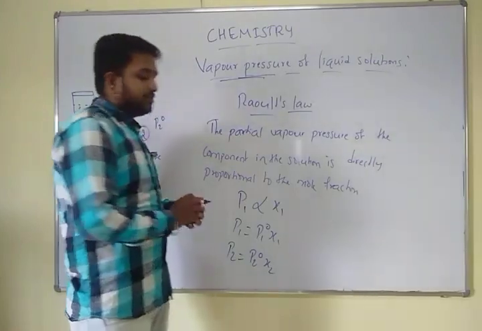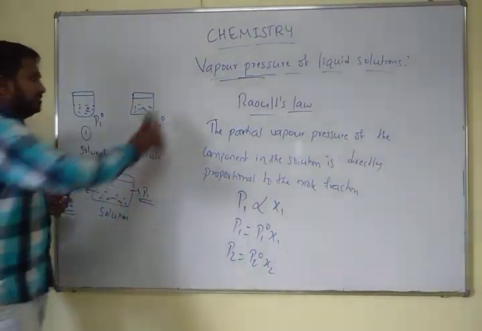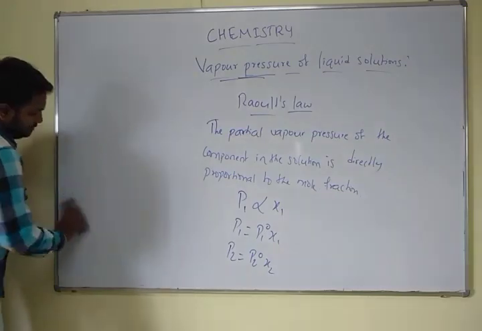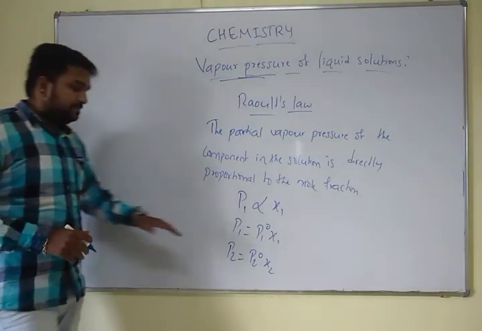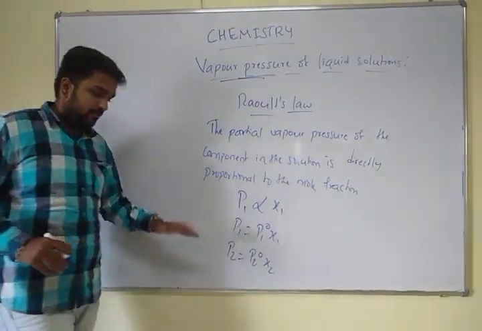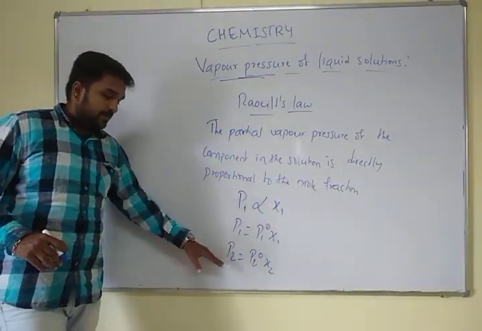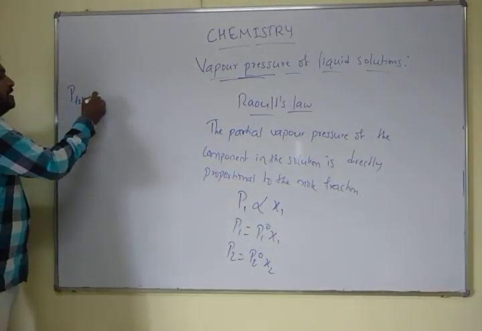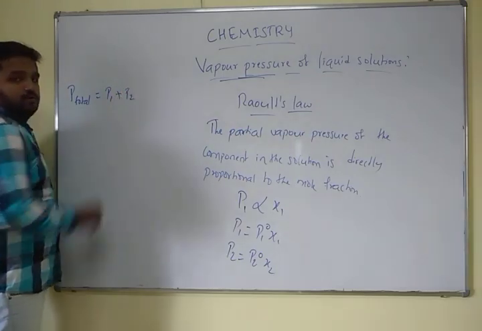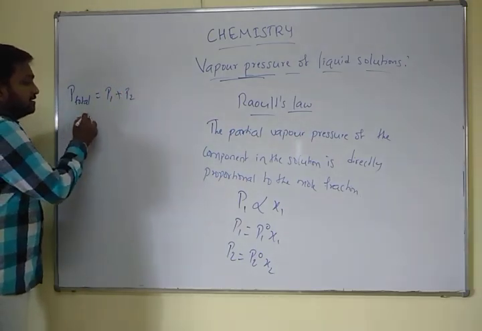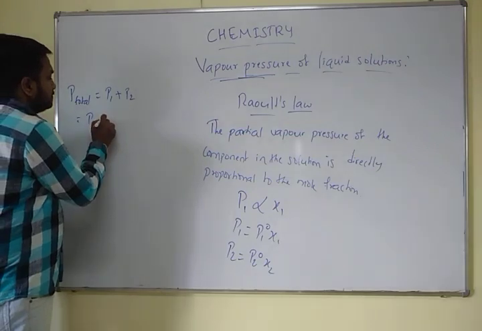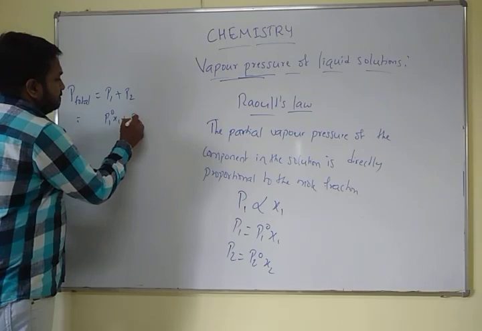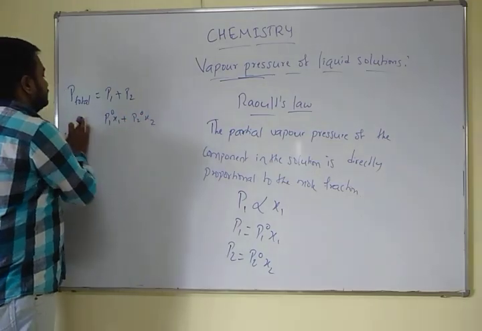So on combination of these two, don't get confused guys, P1 is for the vapor pressure of the component 1 and P2 is for the partial vapor pressure of the component 2. So in order to get the total vapor pressure, it is P1 plus P2. Clear? Whereas P1 is P1 naught into X1, sorry, plus P2 naught into X2.